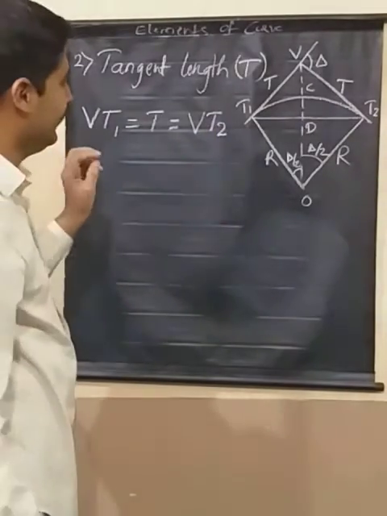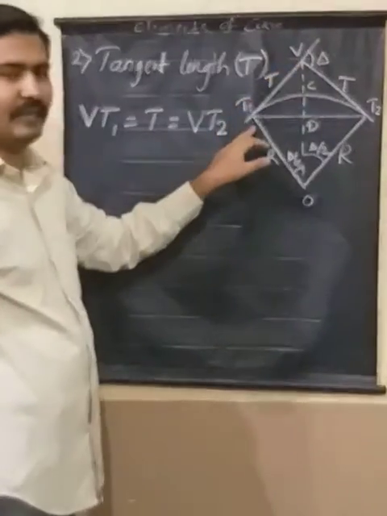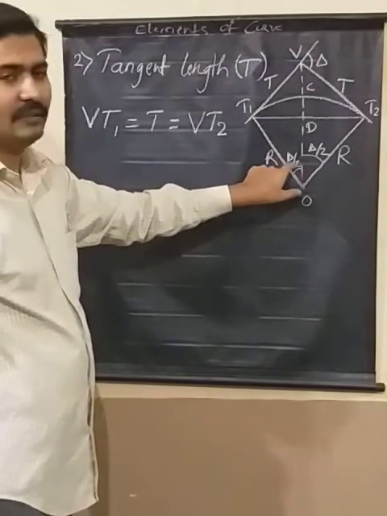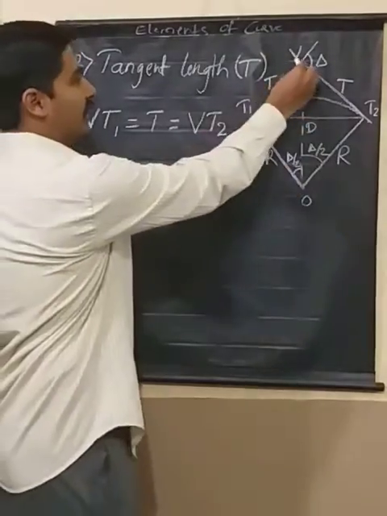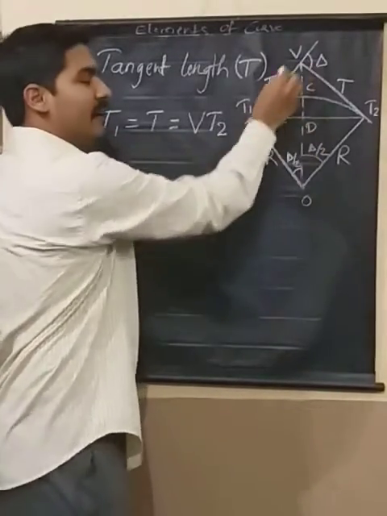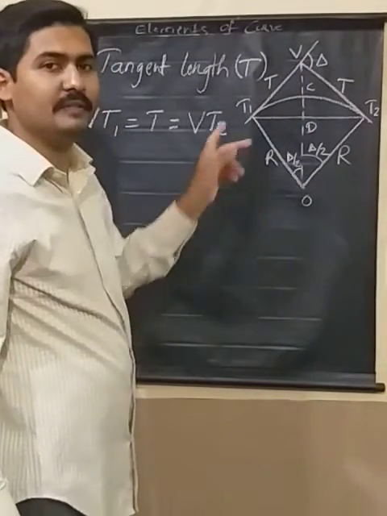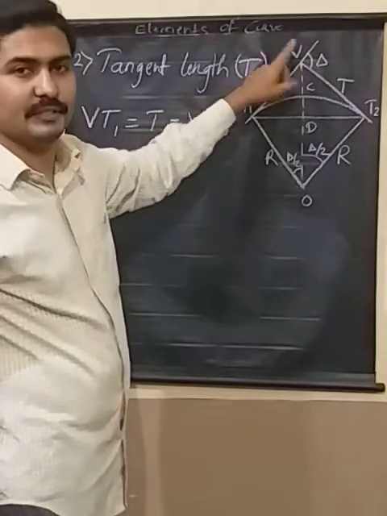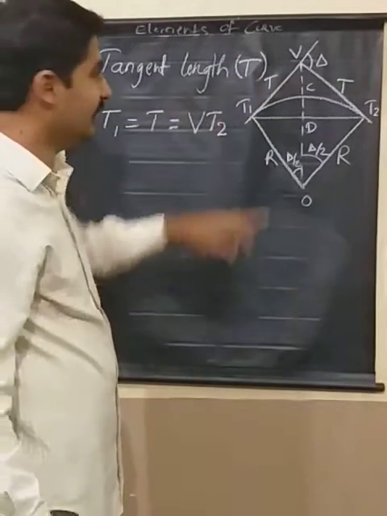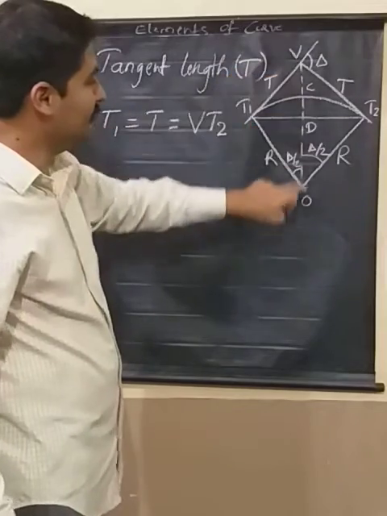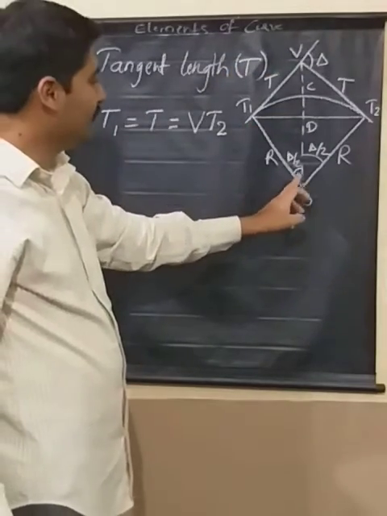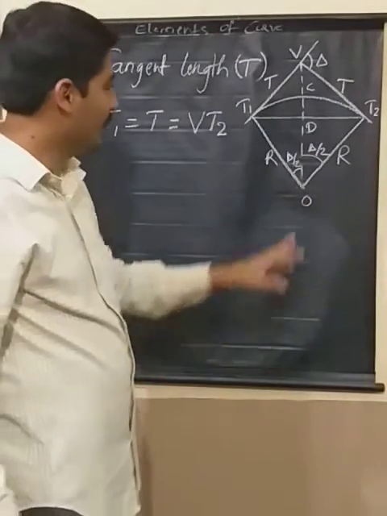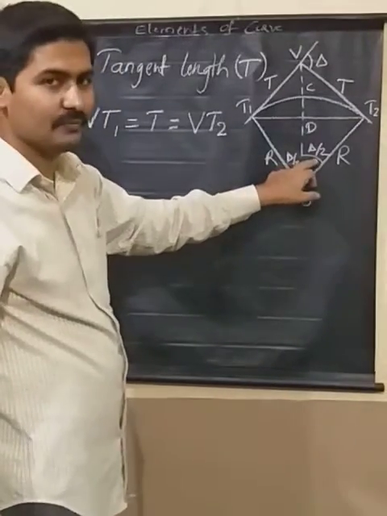Clear? Okay. Now how I am going to get this is, I know the radius, I know the angle here. When you connect the center to the point of intersection, V is the point of intersection where the two tangents meet, right? If I join V to O, this is going to exactly divide the central angle into halves. So it becomes delta by 2, delta by 2, right?